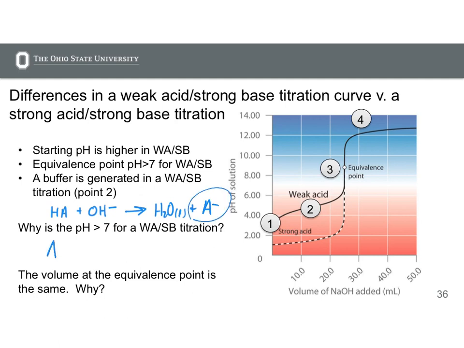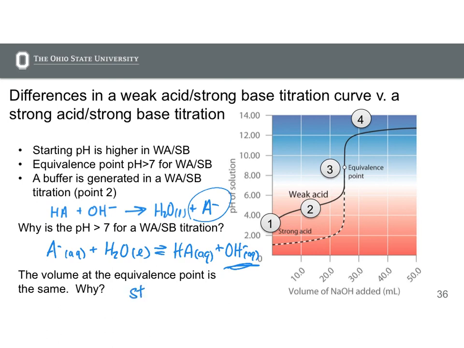And so we're going to be worried about the equilibrium of A minus with water at the equivalence point. As we know, this will be in equilibrium with its conjugate acid and OH minus. Because of the presence of this OH minus, the pH is going to be basic. And so why is the volume at the equivalence point the same?